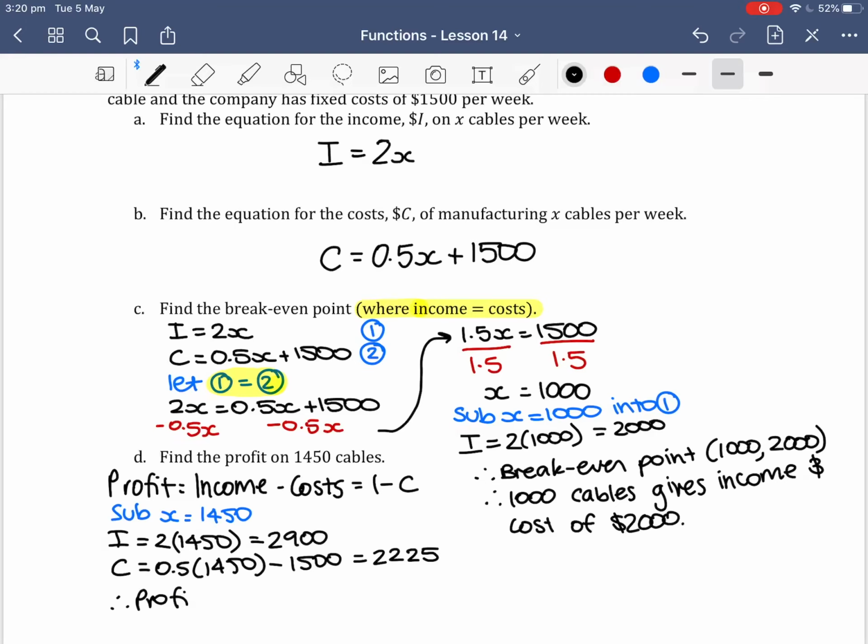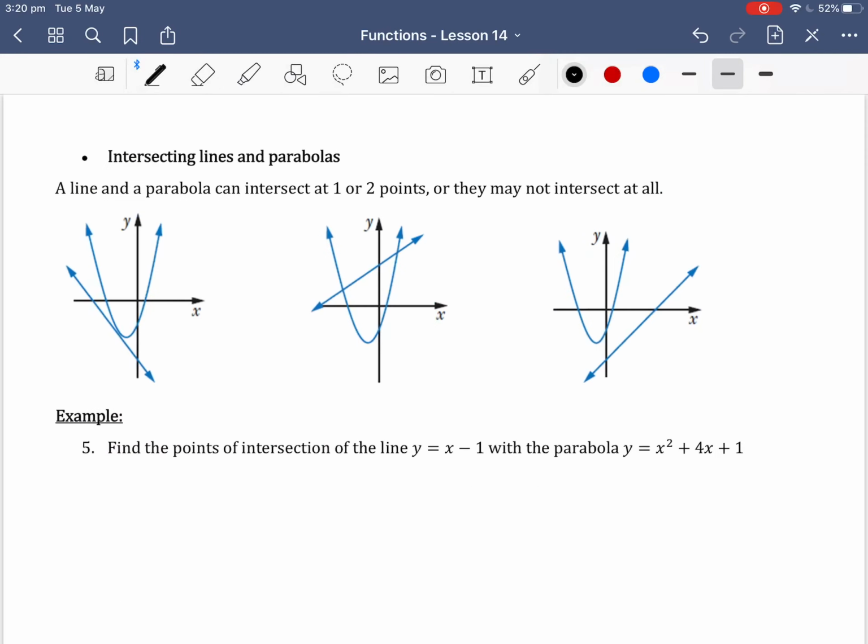So therefore profit will equal I minus C, which equals 2,900 minus 2,225. So our profit equals $675.